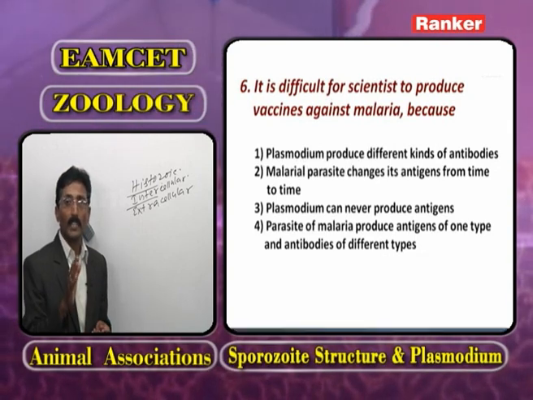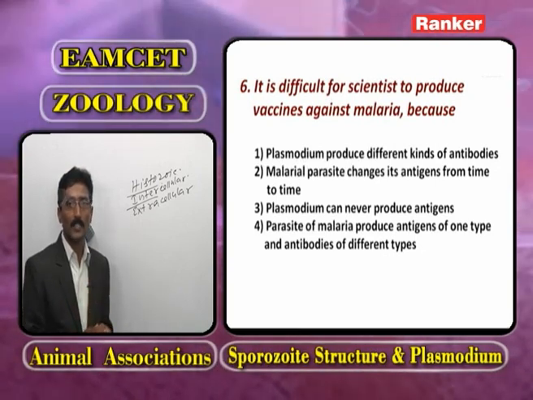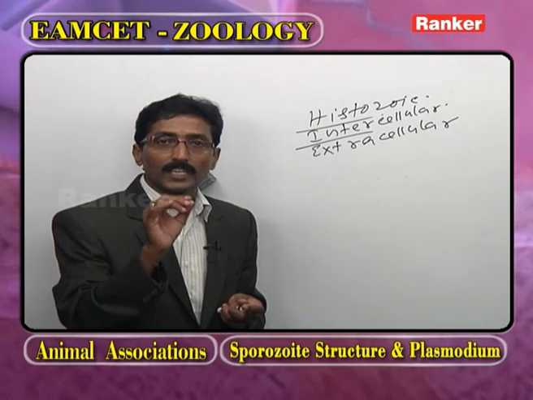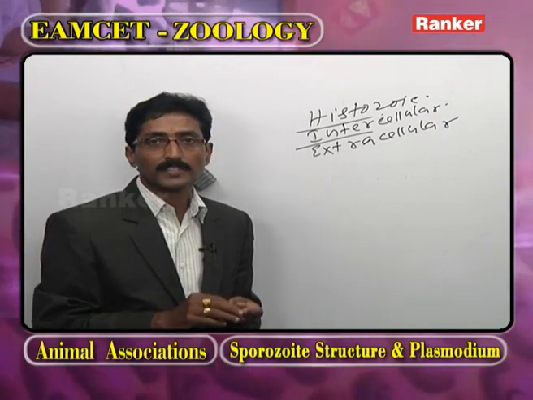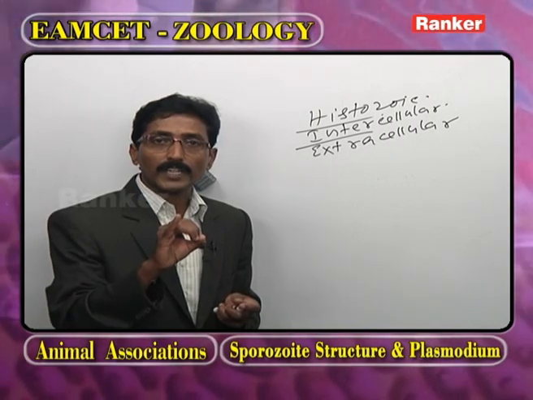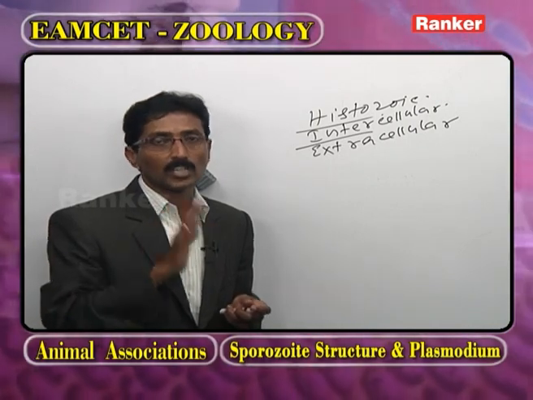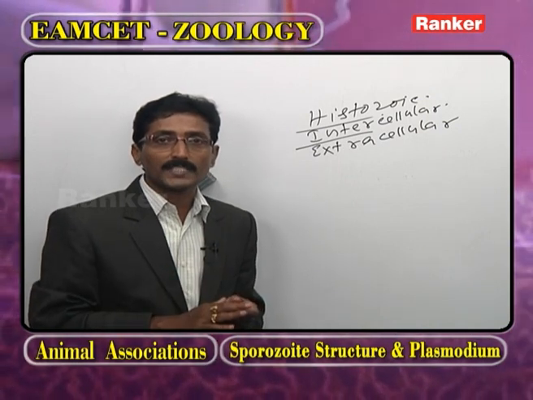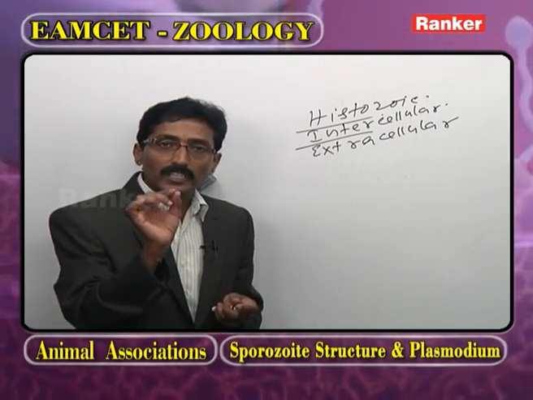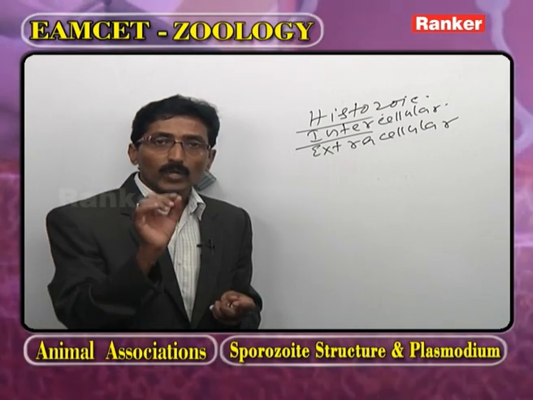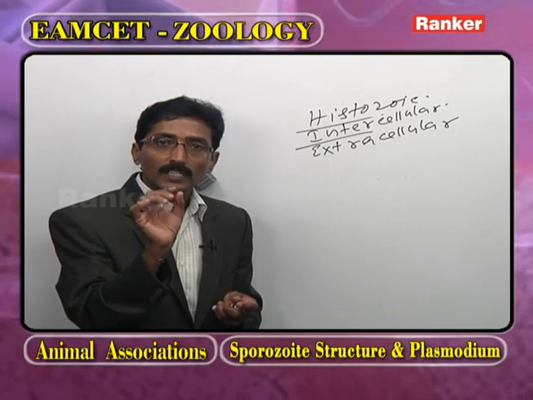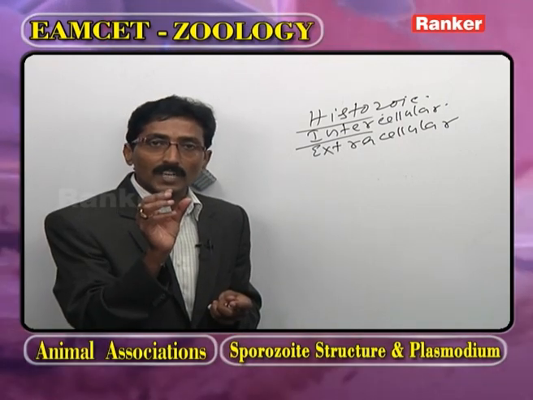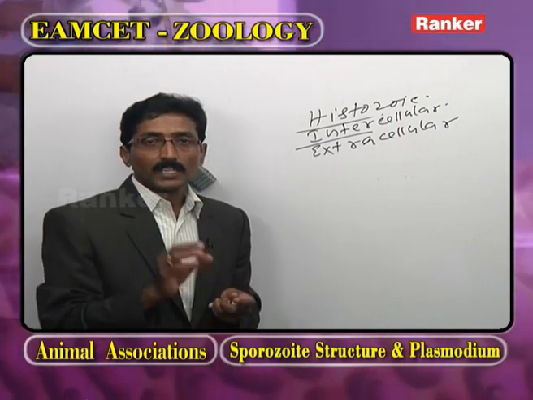Why? As we observe the life cycle of Plasmodium, it completes its life cycle in man in three stages: pre-erythrocytic, exoerythrocytic and the Golgi cycle. In the Golgi cycle, at one stage we observe Schuffner's dots. What are Schuffner's dots? The antigens.